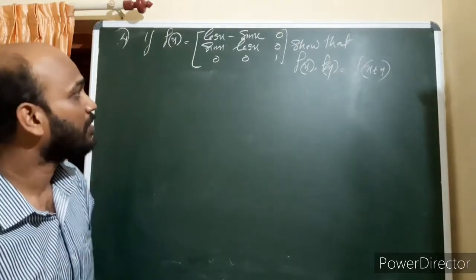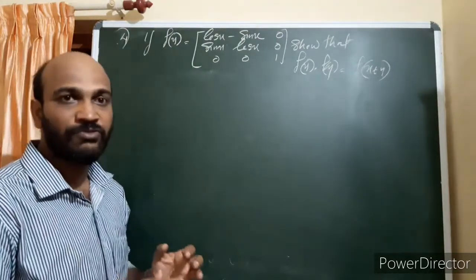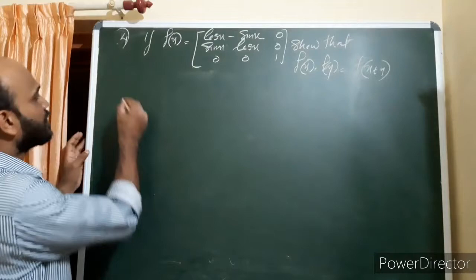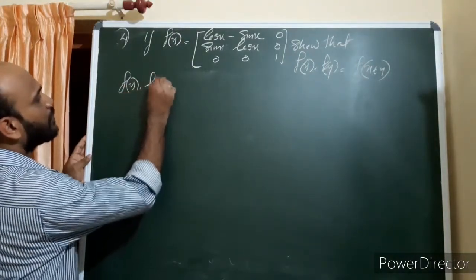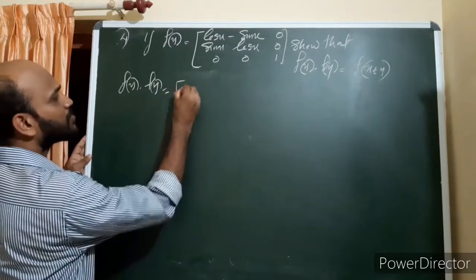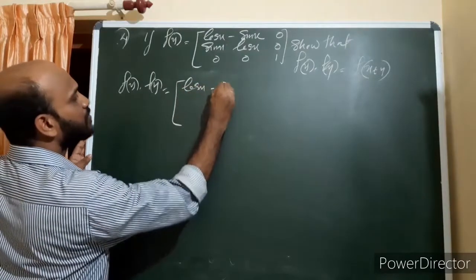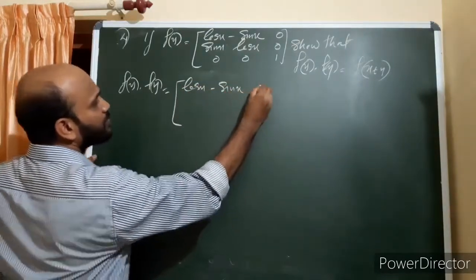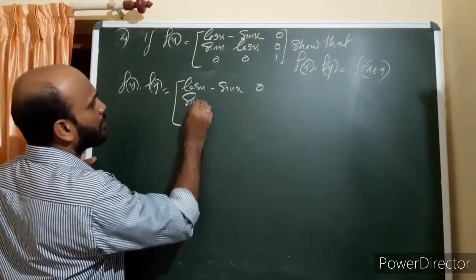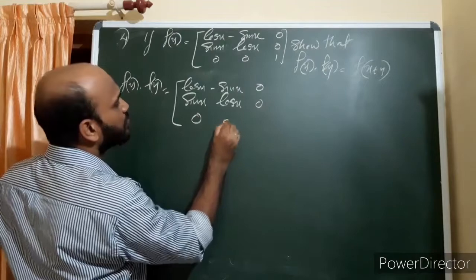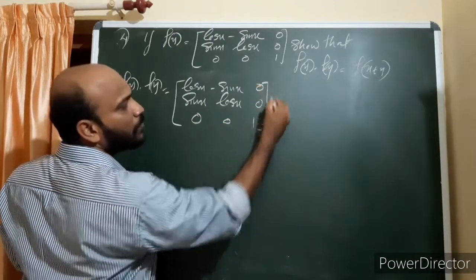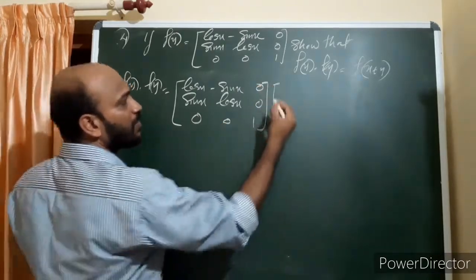So first we will find the left hand side, that is f of x into f of y, that is equal to the matrix [cos x, minus sin x, 0; sin x, cos x, 0; 0, 0, 1] into the matrix f of y.